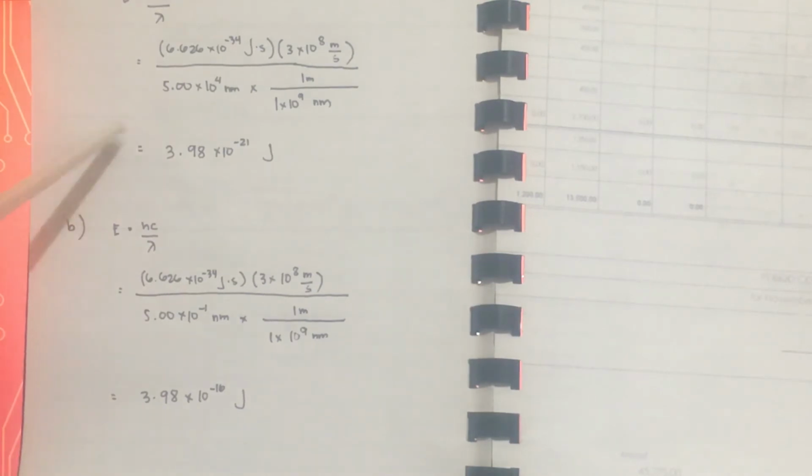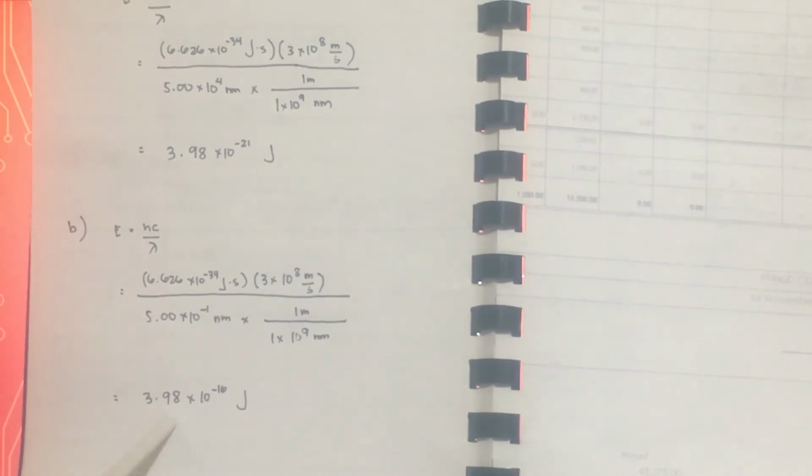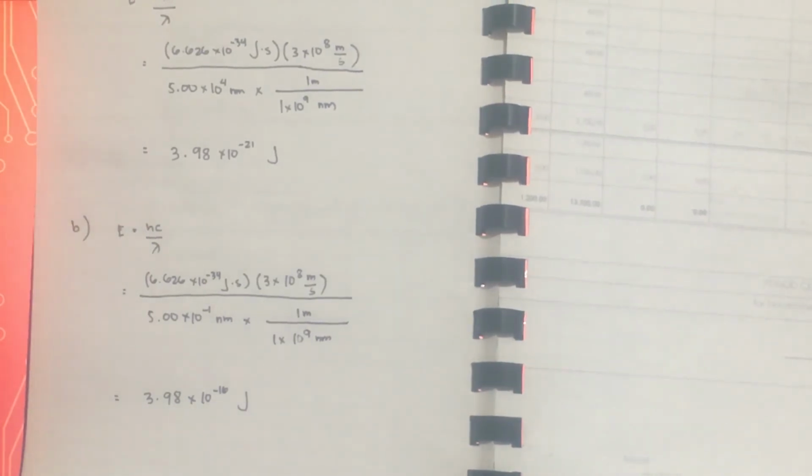So if we compare these two energies, the energy is larger in the X-ray than in the infrared. So this means that X-rays are more highly energetic radiation than infrared radiation.